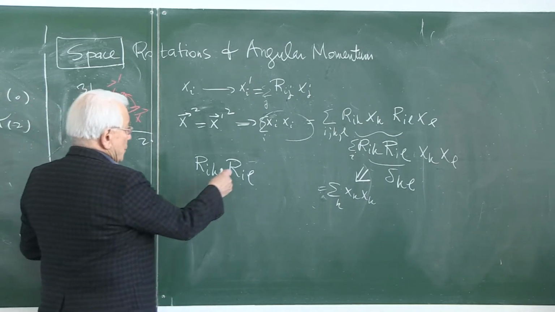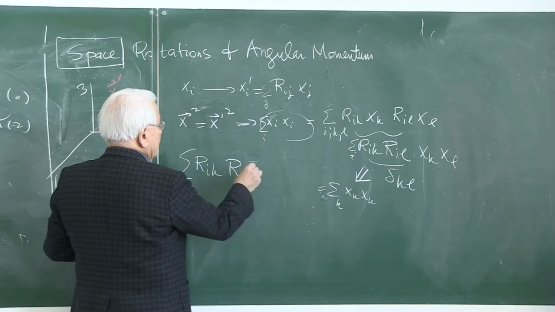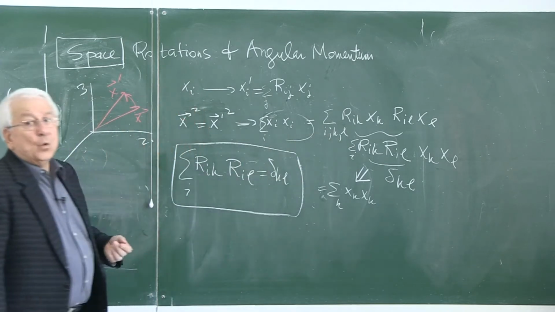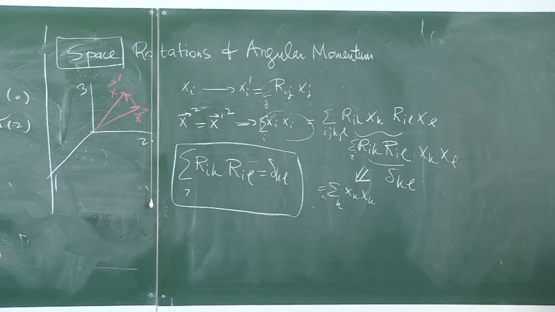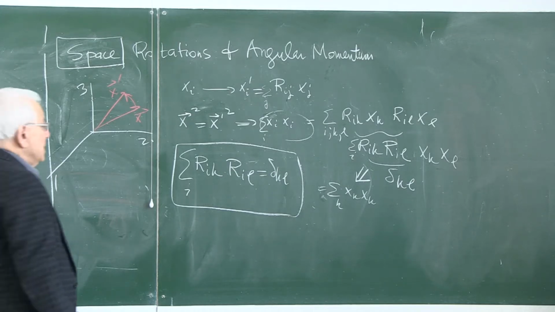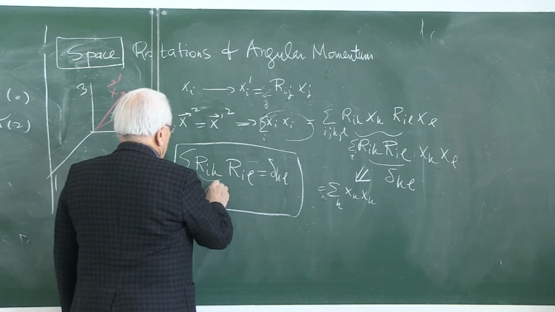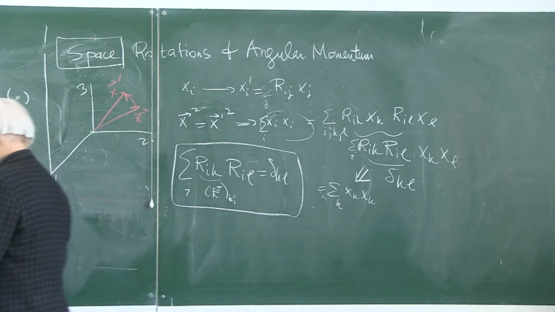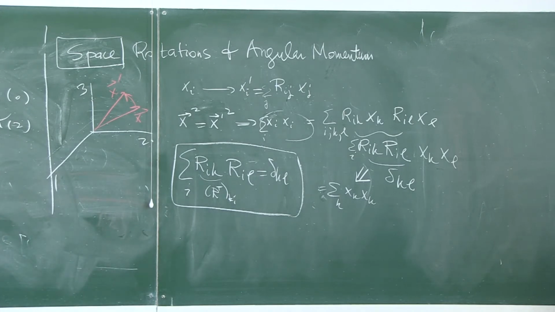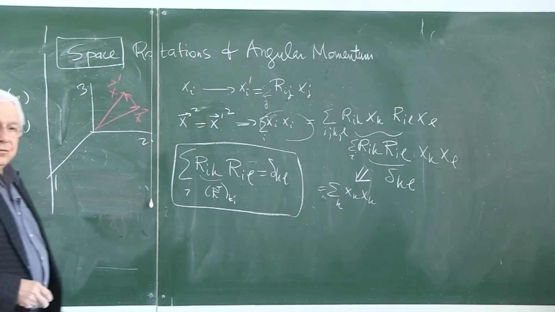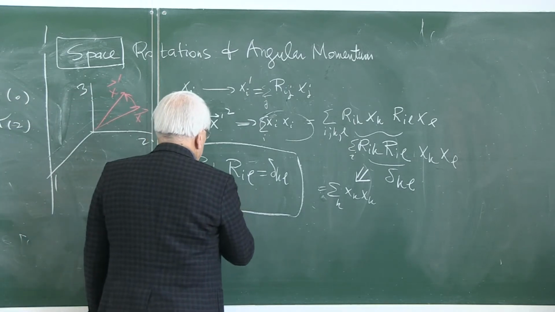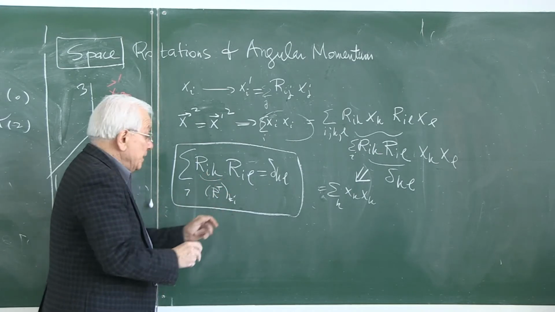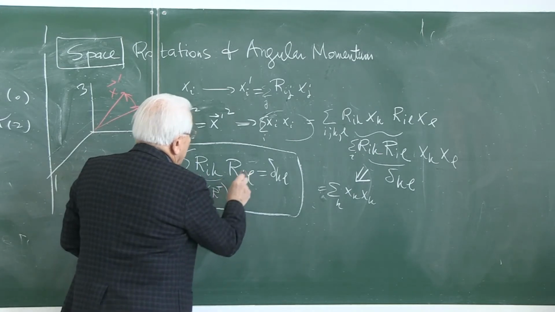So this is the relationship I obtain from that equality of the lengths. What does it mean? I can rewrite this slightly differently, writing it as R transpose_ki R_il. The purpose of putting neighboring indices next to each other is to make it a matrix summation. Notice that if you write the transpose, R_ik becomes R transpose_ki, so that the i's are put next to each other.